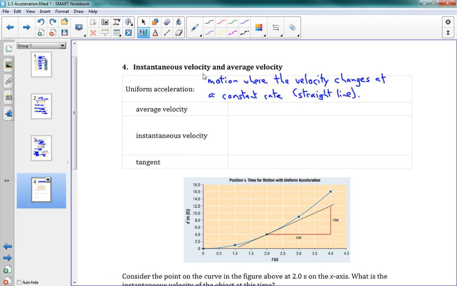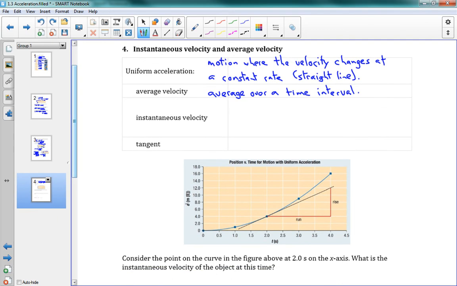Not necessarily a horizontal line, but it would be a straight line, so it has a slope. Okay. And so we're going to talk about two types of velocity here. We have average velocity. This is the average over some time interval. And we'll just say that over this whole time interval, the average was this much.